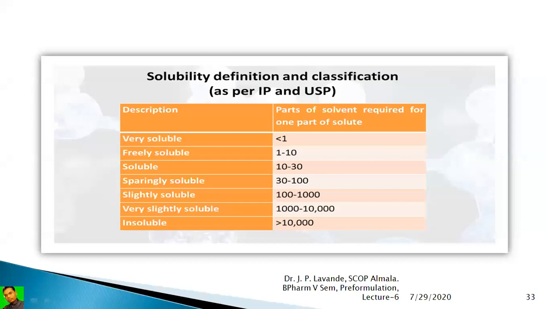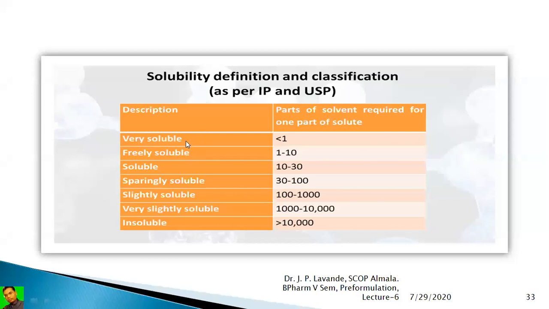Based on the parts of solvent required to dissolve one part of solute, different definitions have been given to express the solubility for the given compound, drug, or API. It is very necessary to remember all these terms and their meaning, because most of the time in GPAT examinations, these questions are very often asked. What is the meaning of freely soluble, or what is the meaning of very soluble?